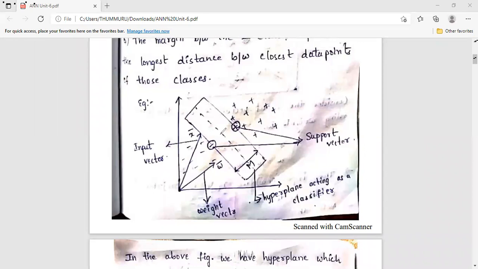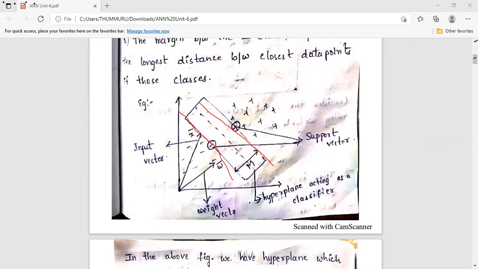If it is a single layer perceptron, you can take the hyperplane here automatically, and it can separate these two classes, or you can draw a hyperplane like here also. But these hyperplanes are not optimal. By drawing these lines, you can separate the data points into two classes.